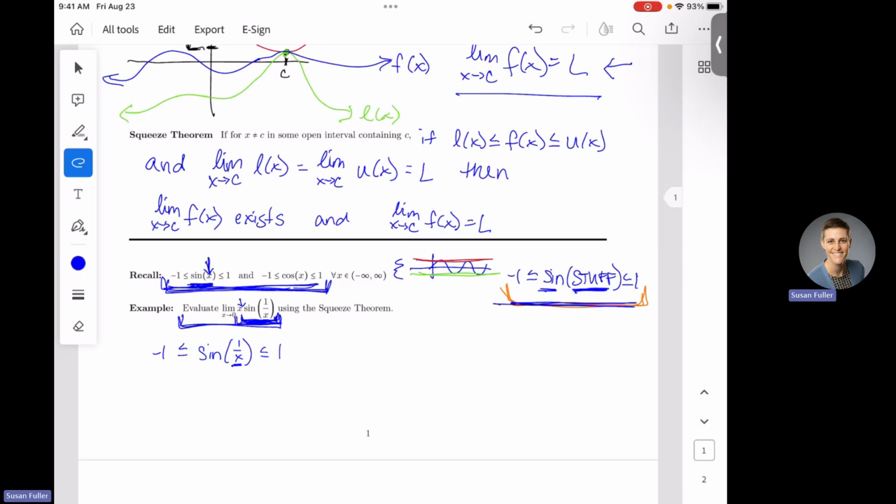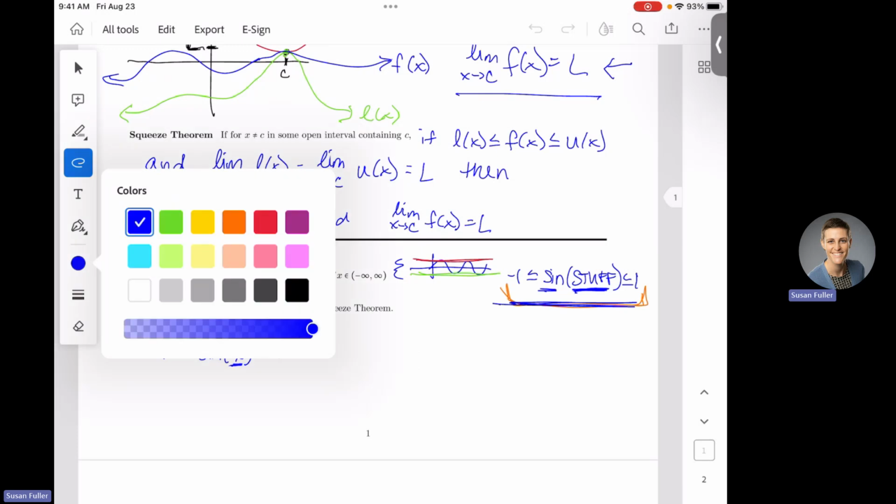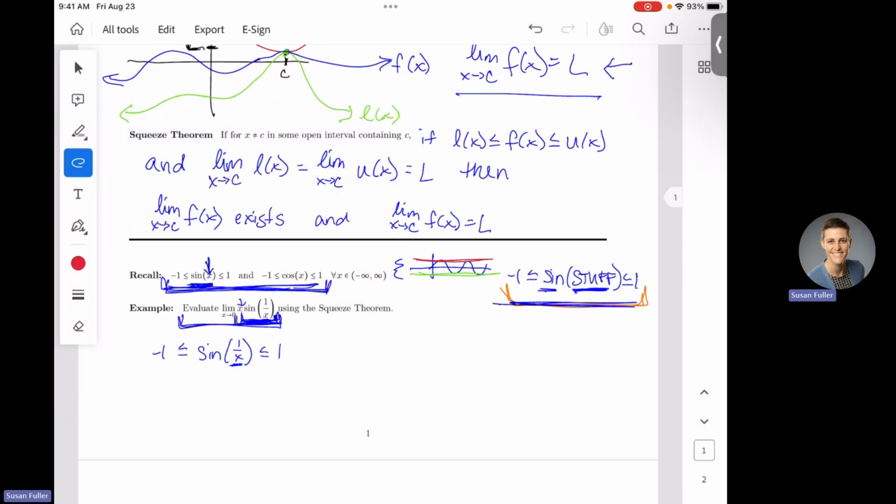So what I'm going to do now is play with some algebra, and try to make what's inside here look like the full limit up here. In order to make the middle look like what I've got, I have to multiply that by x. But if I multiply the middle part by x, I have to multiply everything by x.